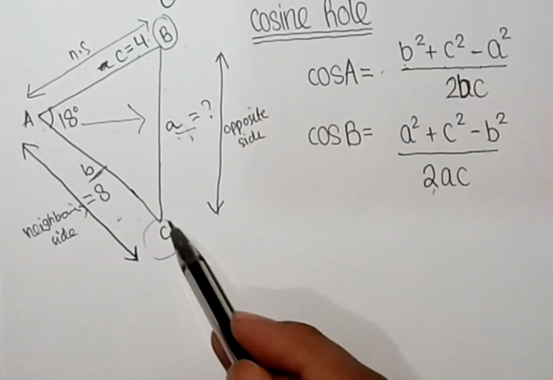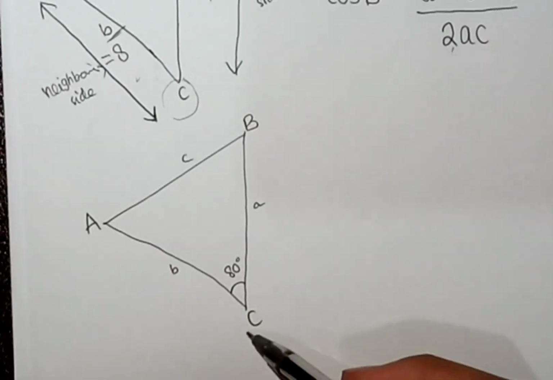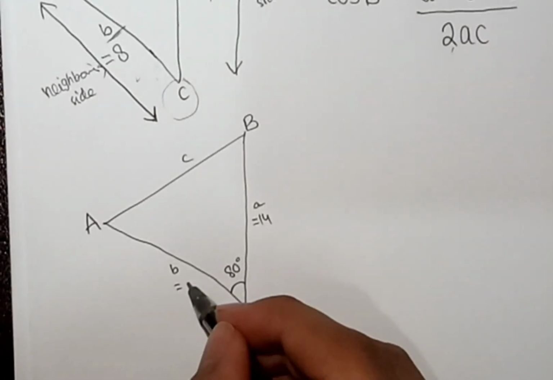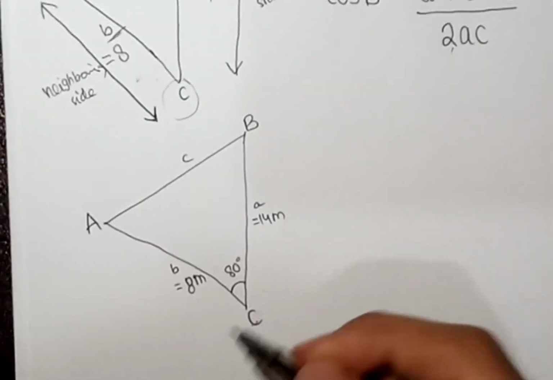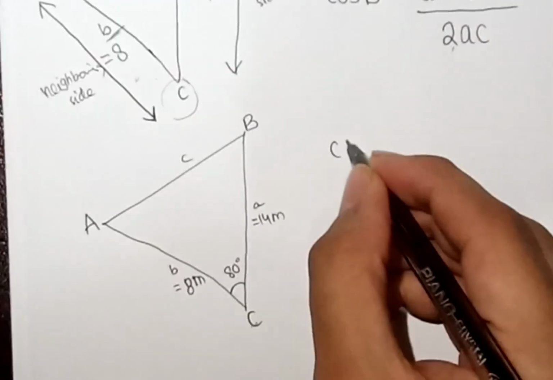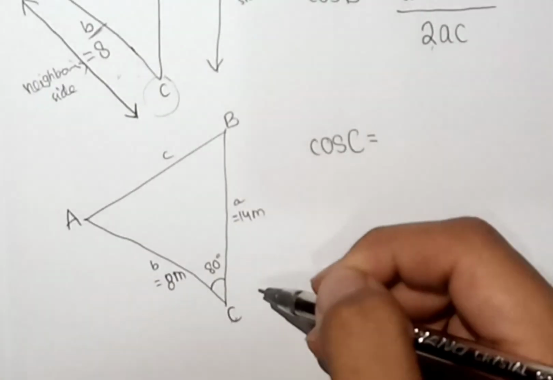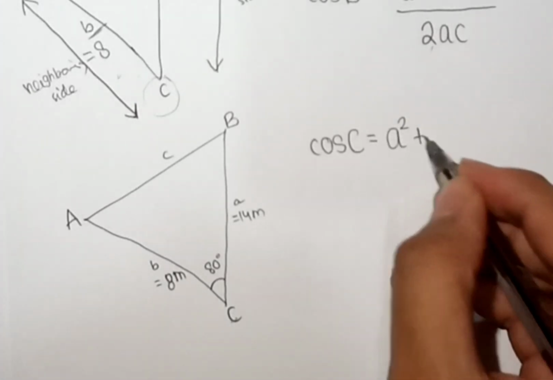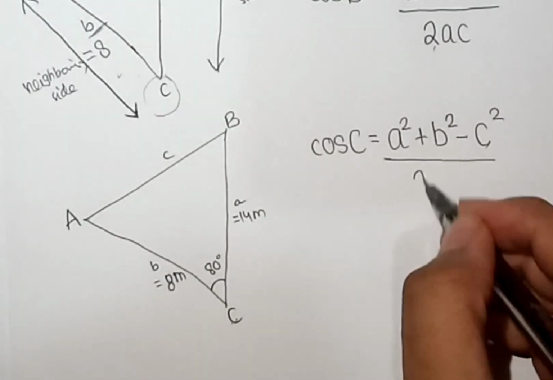In the case of C, when I would like to find C, and A is given, for example 14, and B is given, which is 8 meters, I apply the cosine rule. cos C is equal to A square plus B square minus C square upon 2AB.